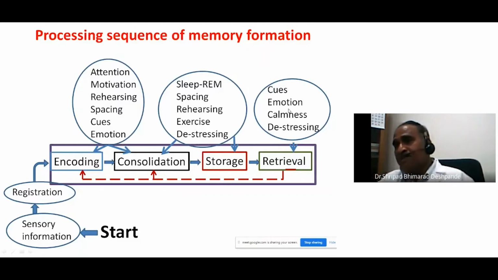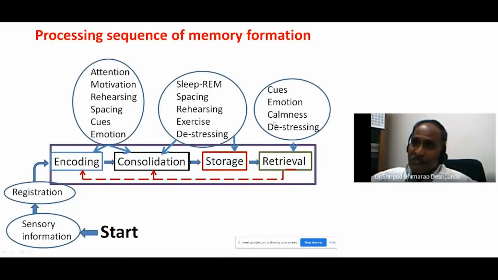In the oral examination, what happens? You become nervous, anxious, and excited. In that situation, even subjects you know normally, under normal circumstances, you may not be able to bring. It is not your problem. The problem is with the retrieval, which will not be proper. For that reason, you should have calmness and be de-stressed.